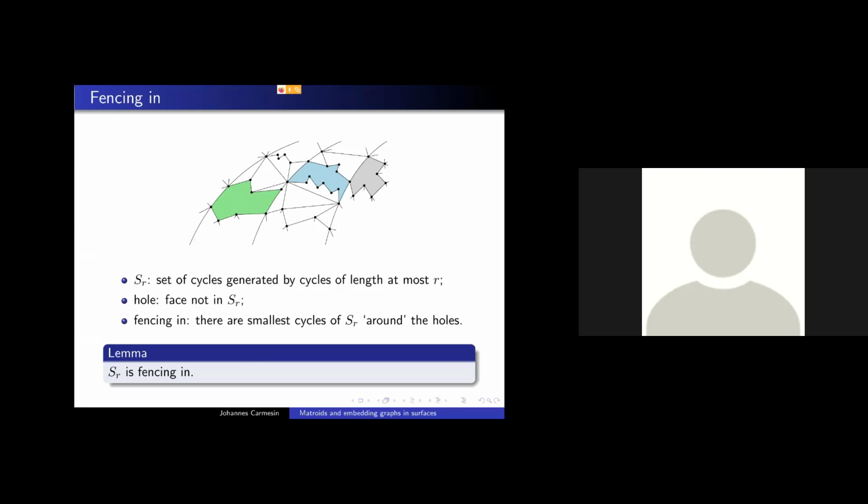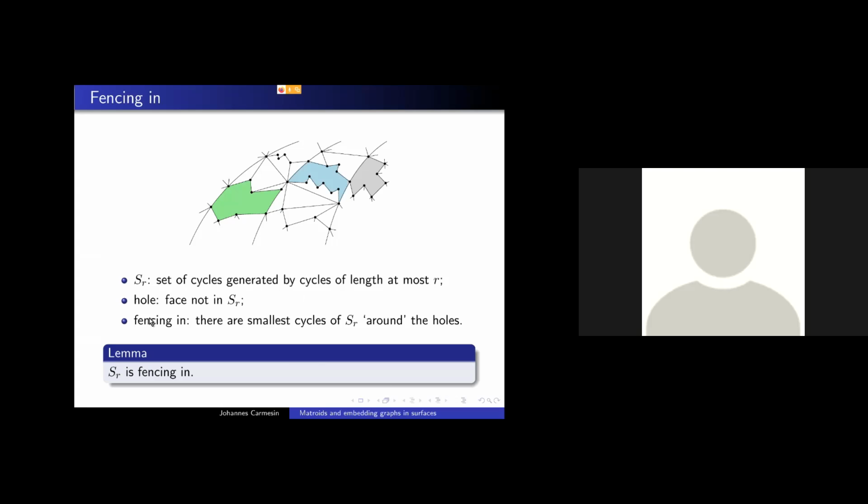And the notion of fencing in tells you precisely that this is well defined, because for any two smallest cycles, either they require the same identification or the interiors are disjoint, and so the identifications are completely independent. So this notion of fencing in really tells you that you can nicely build this quotient, and that's roughly why this other proof goes through.